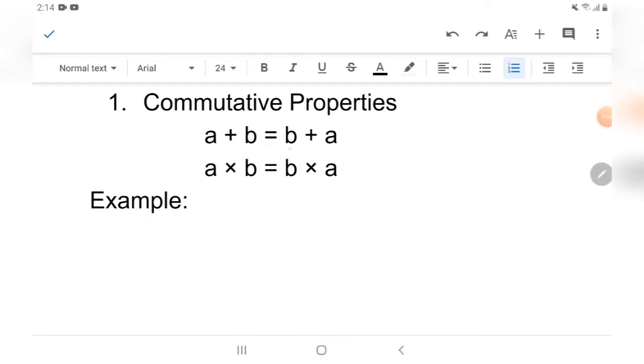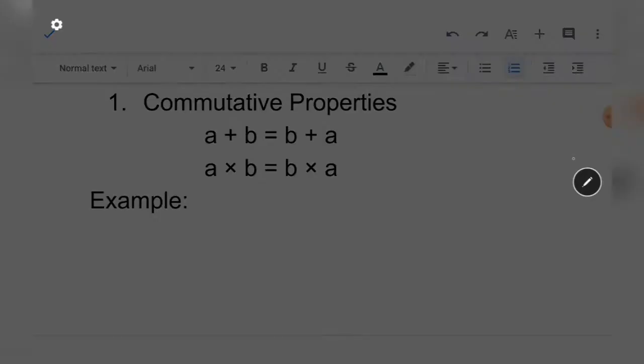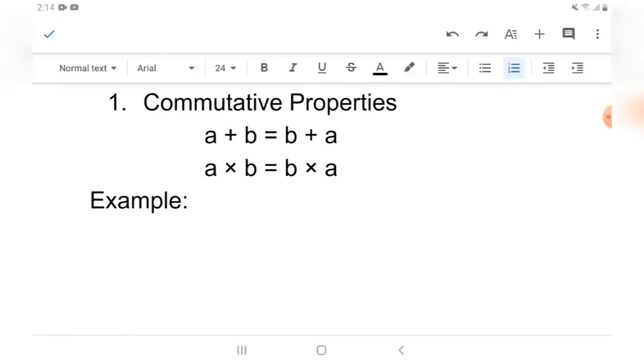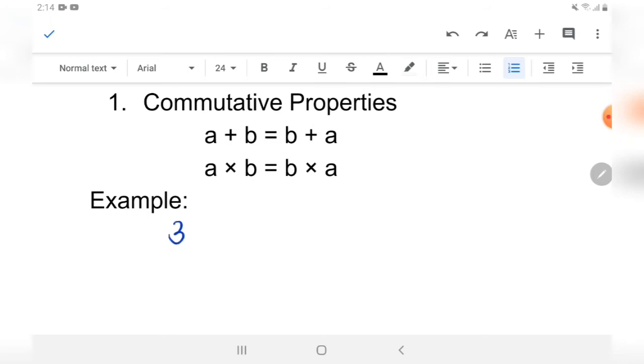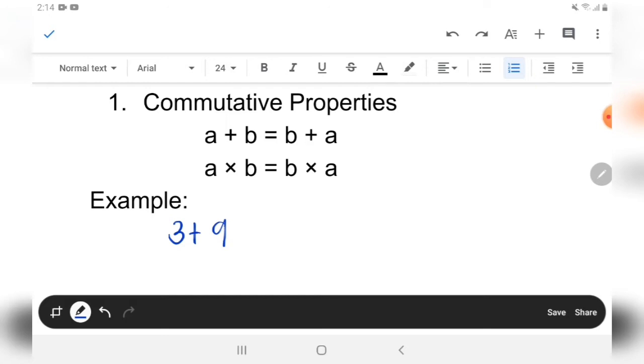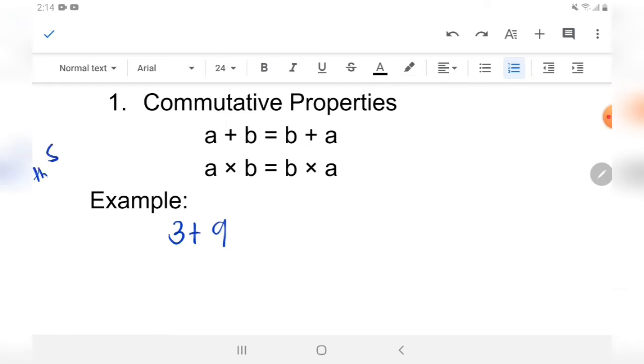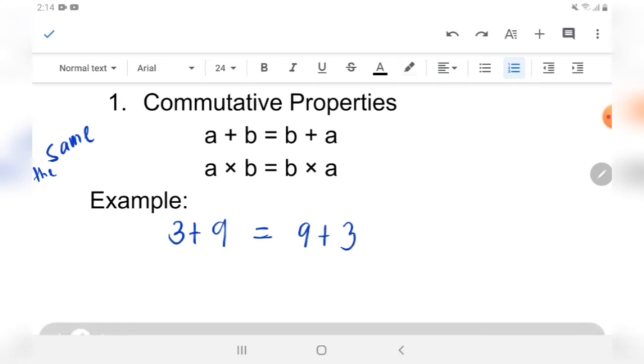A plus B equals B plus A. A times B equals B times A. So here, we have an example here. 3 plus 9 is the same, เหมือนกันใช่ไหม, the same as, so we use equal sign, the same as 9 plus 3.